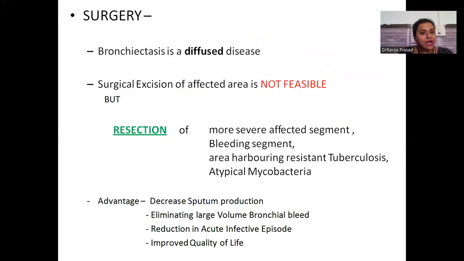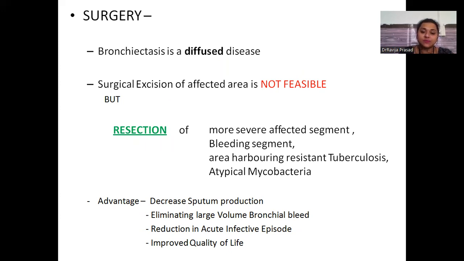Now, in the management by surgery, bronchiectasis is a diffuse disease, so surgical extirpation of the affected area is not feasible, but resection of the more severely affected segments is done, such as bleeding segments or segments harboring resistant tuberculosis or atypical mycobacteria.